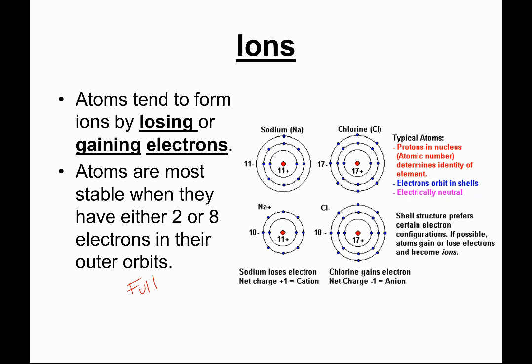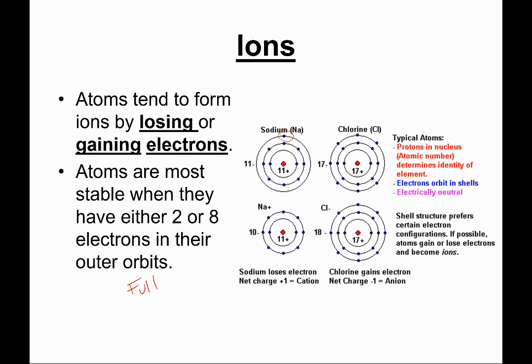For example, sodium here has 11 protons, 11 neutrons, and also 11 electrons. So they're placed properly: 2 in the first orbit, 8 in the second, and then 1 in the last. All right, so in the outer orbit, there is 1 electron.